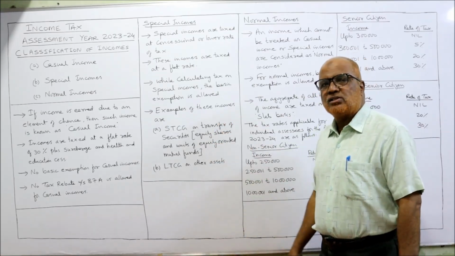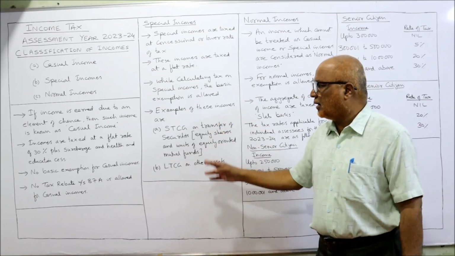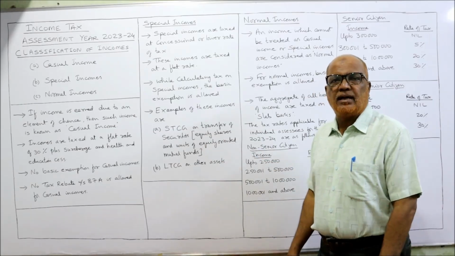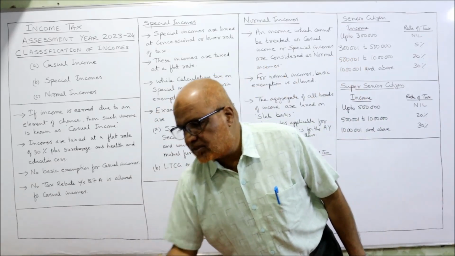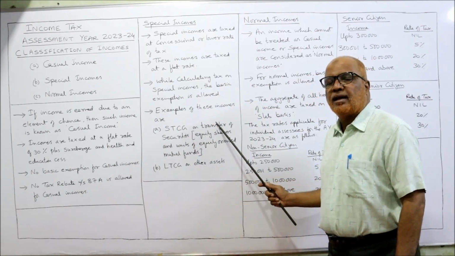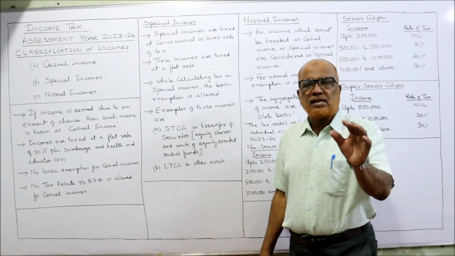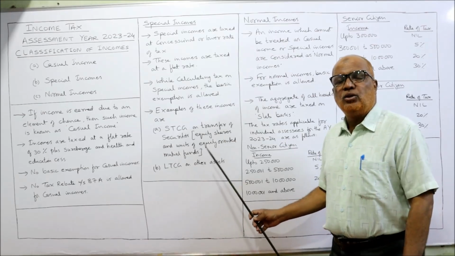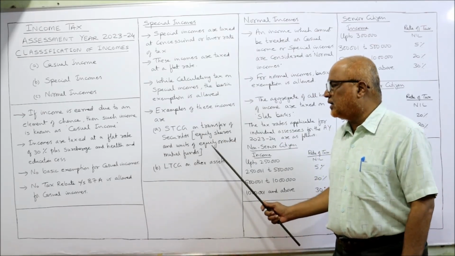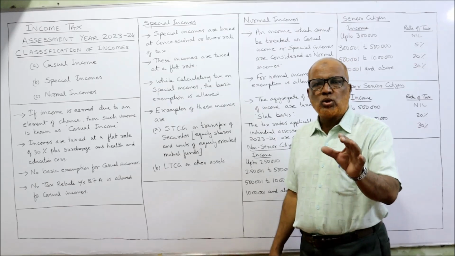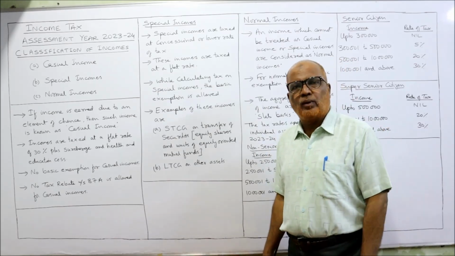The examples of these special incomes are short-term capital gain. STCG stands for short-term capital gain on transfer of securities, and the securities are equity shares and units of equity oriented mutual fund. In mutual fund, different types of securities are there.